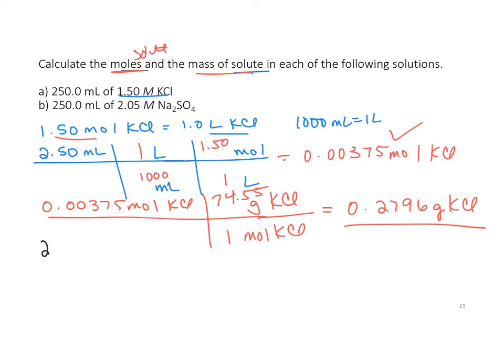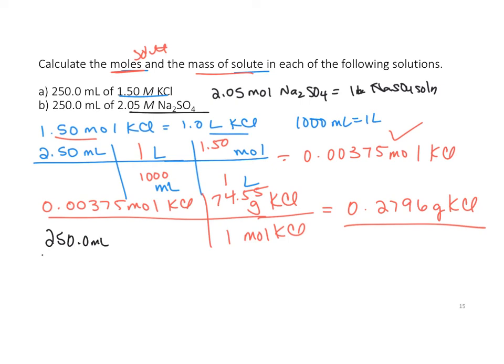Same thing. We start with, well, let's make the conversion factor. 2.05 mole of potassium sulfate equals 1 liter of potassium sulfate solution. So you have 250.0 milliliters.